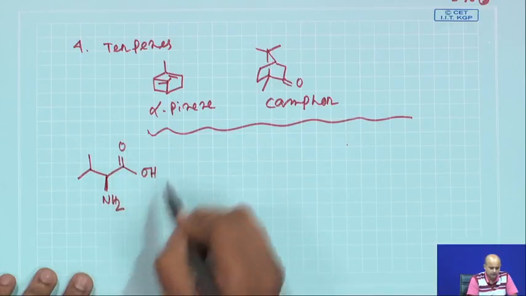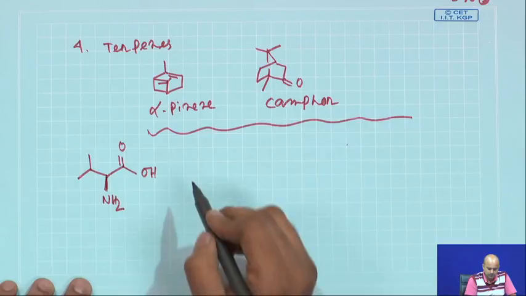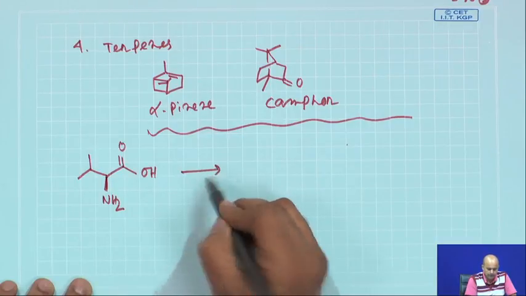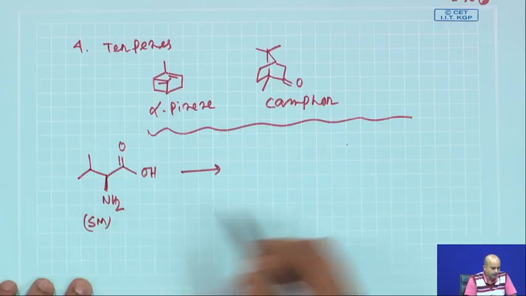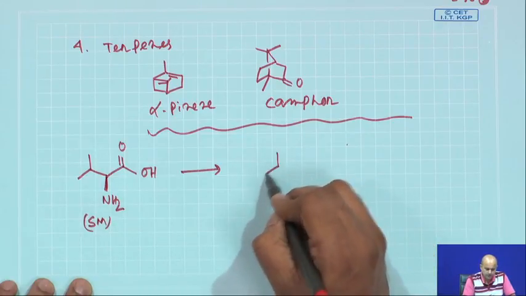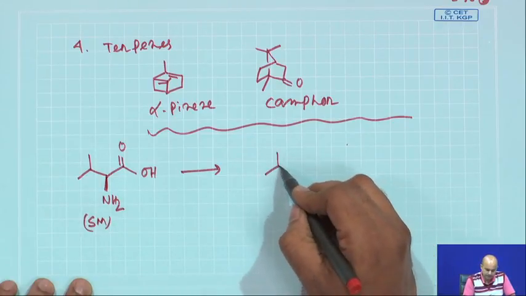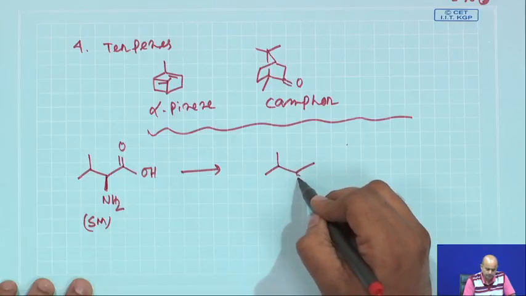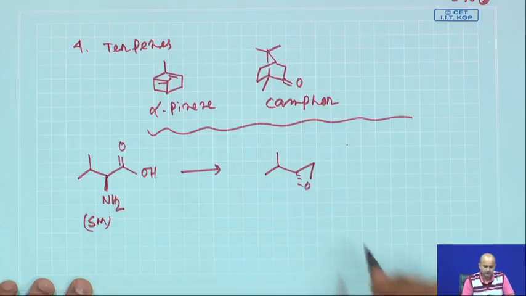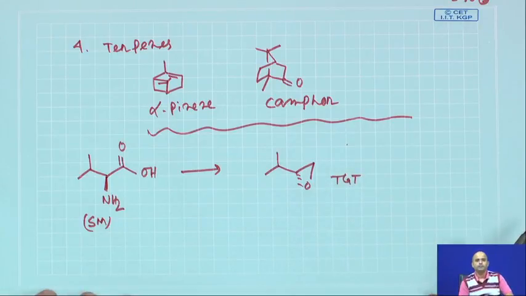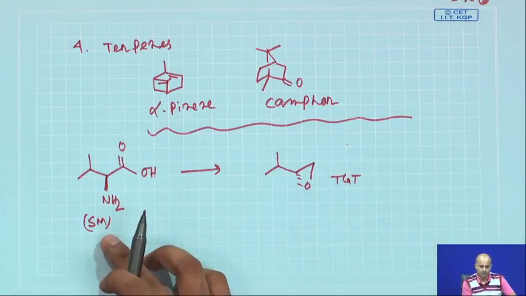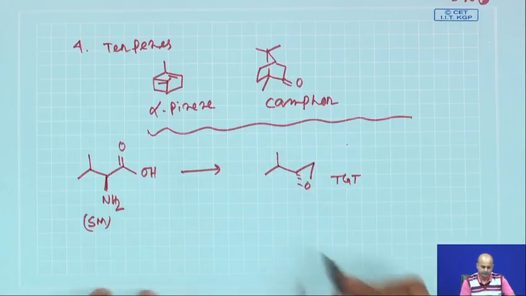Initially I say we will be giving you an amino acid whose structure is this. This compound is basically valine. Now I say I will be using this starting material and my target structure which I am giving is this epoxide. So, you have to design a pathway using this chiral pool approach to achieve this target.